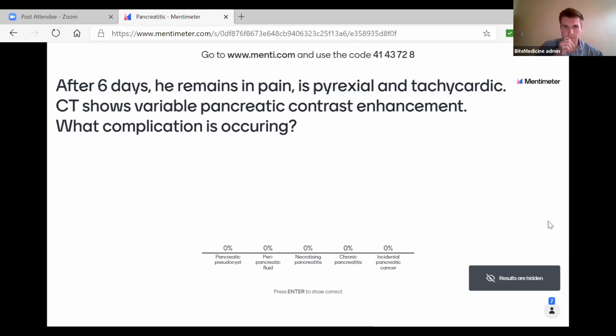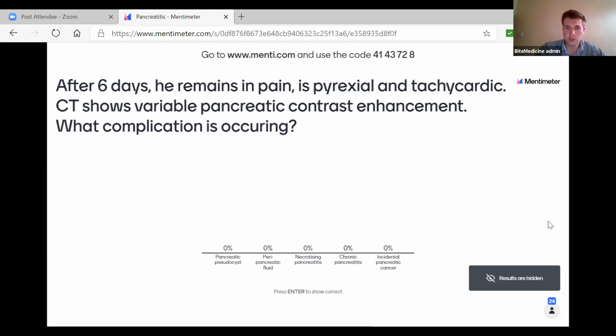So as you guys join, after 6 days, our patient remains in pain. He's pyrexial and tachycardic, and the CT shows variable pancreatic contrast enhancement. The question is, what complication is occurring?